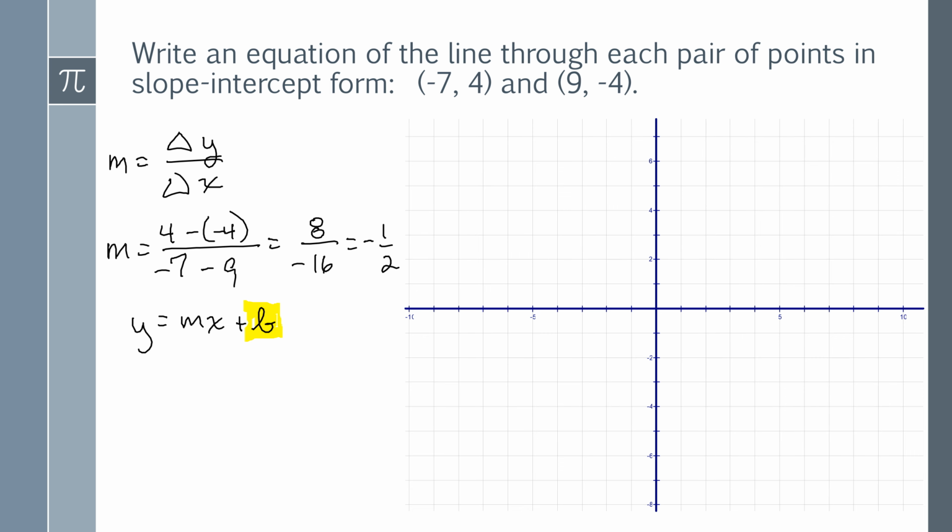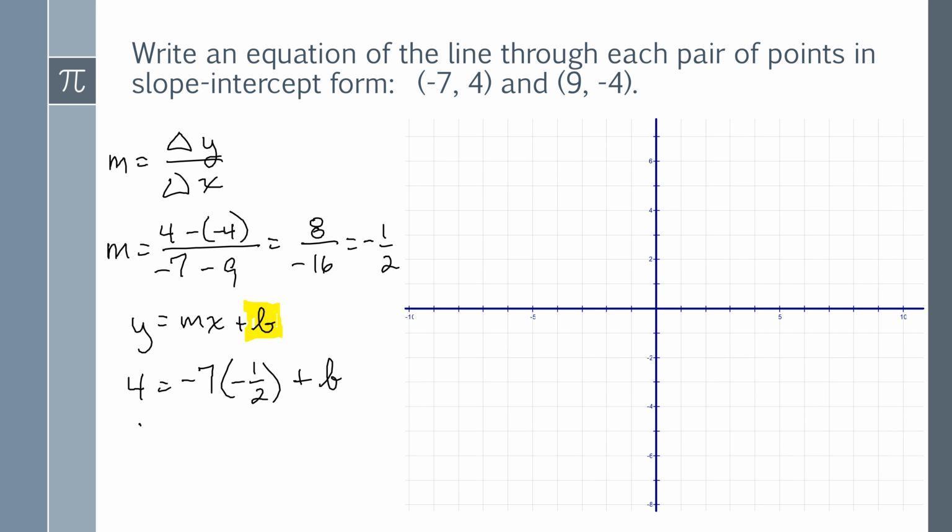I'm going to go with negative 7, 4. So y, 4, is equal to negative 7 times negative 1/2 plus b.